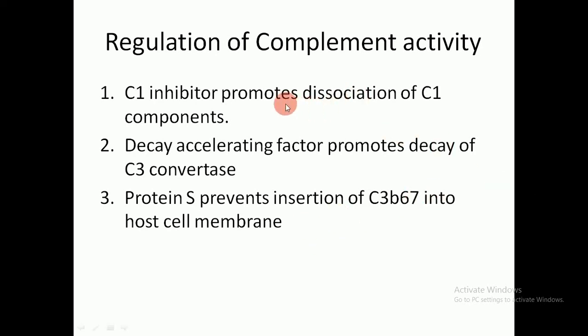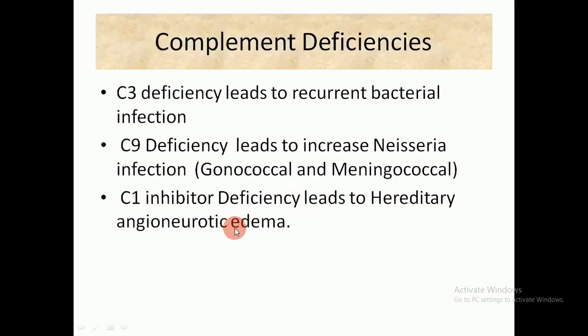And this is achieved by, first, C1 inhibitor, which promotes dissociation of C1 components. Second, decay accelerating factor, which promotes decay of C3 convertase. Third, protein S, which prevents insertion of C5b67 into the host cell membrane.